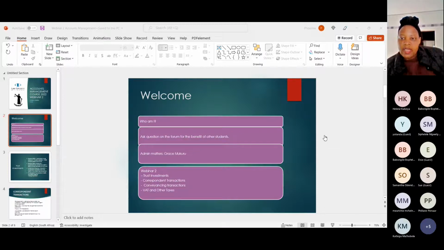I'm going to lower the hands of everyone so that whenever you have a question, I'll be able to see that you have lifted your hand. And as house rules, we should switch off our mics so that we avoid any noises.